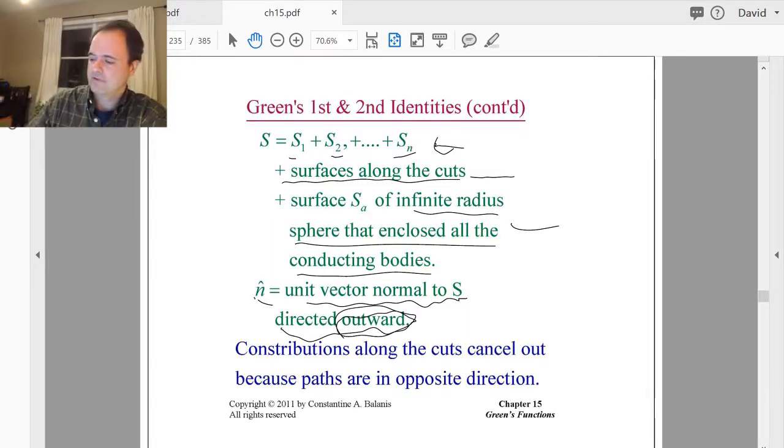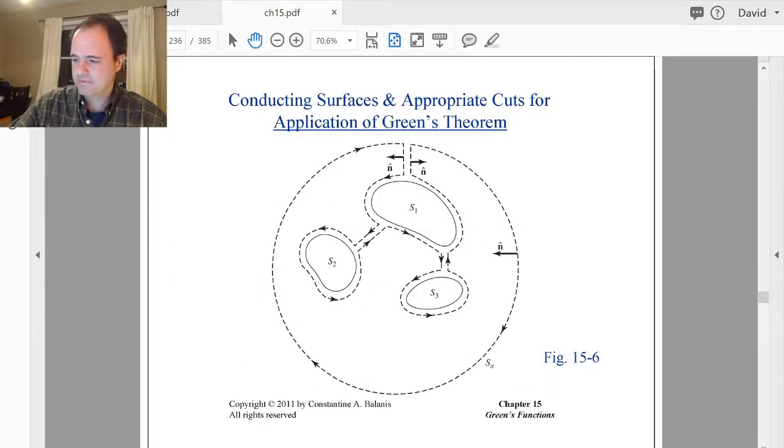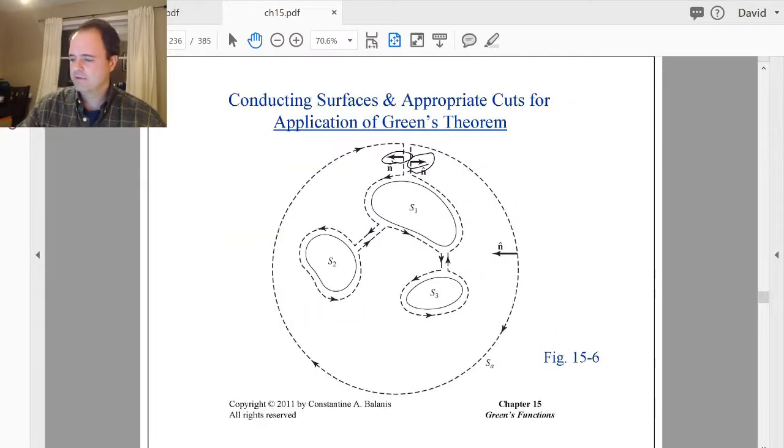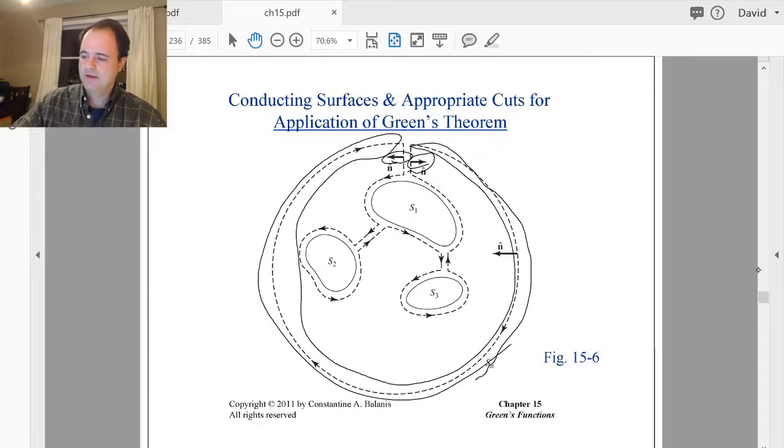Now contributions along the cuts cancel out, of course, because they go in opposite directions and they're right up on each other. All right, like this. So any integral from those two will cancel out. And again, any integral over this path will cancel because the functions will go to 0 as r goes to infinity.